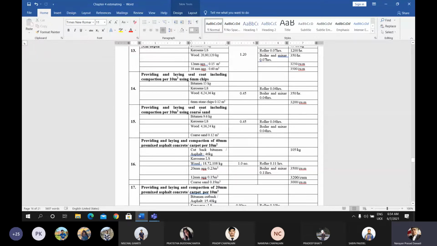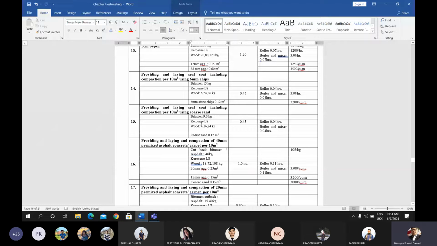This coarse sand is fried, and it is mixed with the hot bitumen, and the mix of the coarse sand and the bitumen is spread over the surface course, and compaction is done for sealing the surface course.